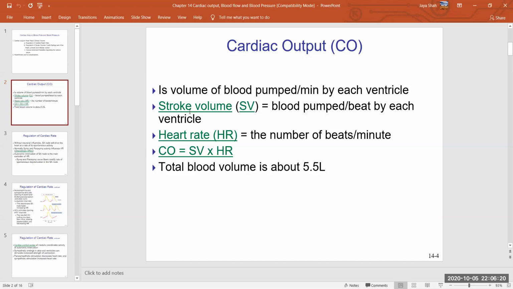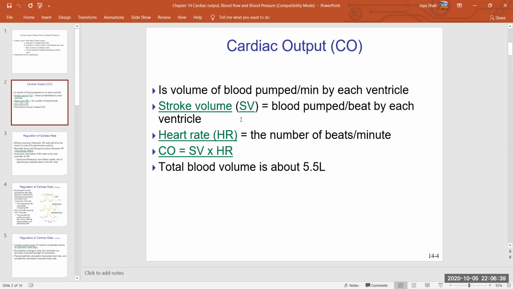Next terminology is stroke volume, SV, which is the blood pumped per beat by each ventricle. So every time the ventricle contracts, whatever volume of blood is pumped is called stroke volume.